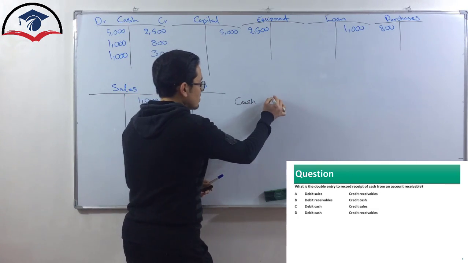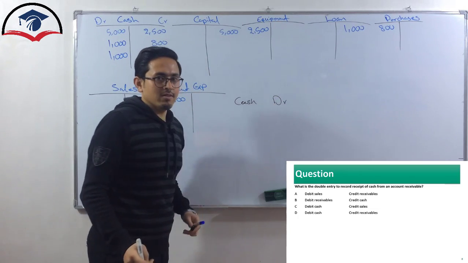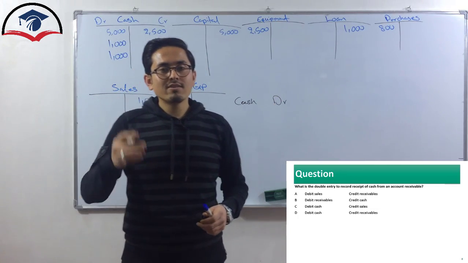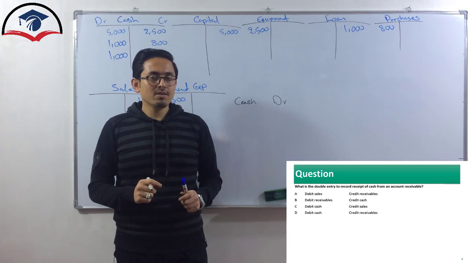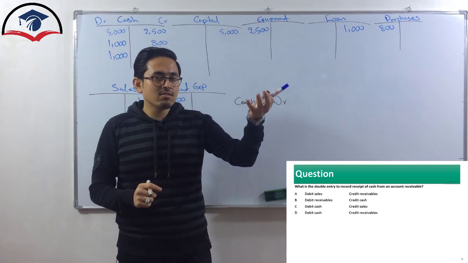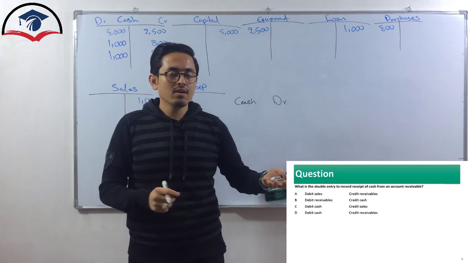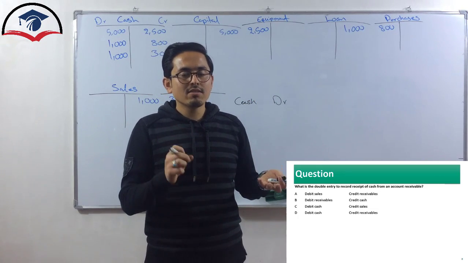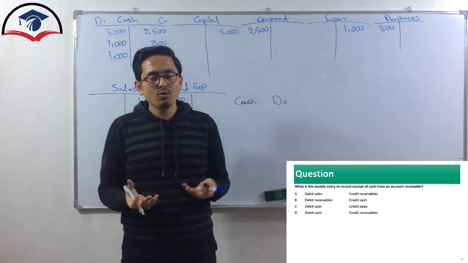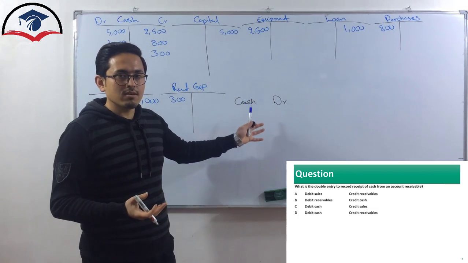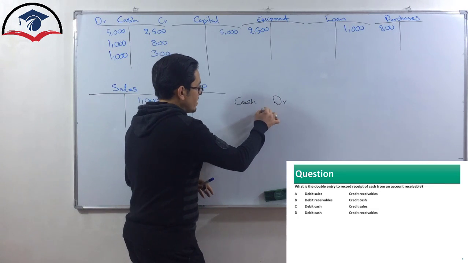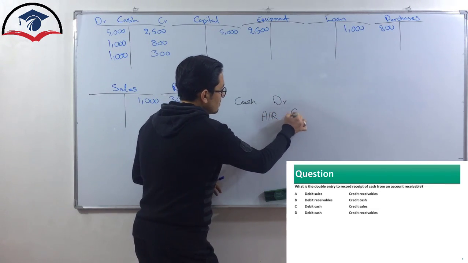Not clear, but at least cash is debit. And my account receivable decreased. When the account receivable decreased, it means an asset decreased. It's part of current asset. Decrease in asset, increase was debit, decrease was credit. So my account receivable will be credit.